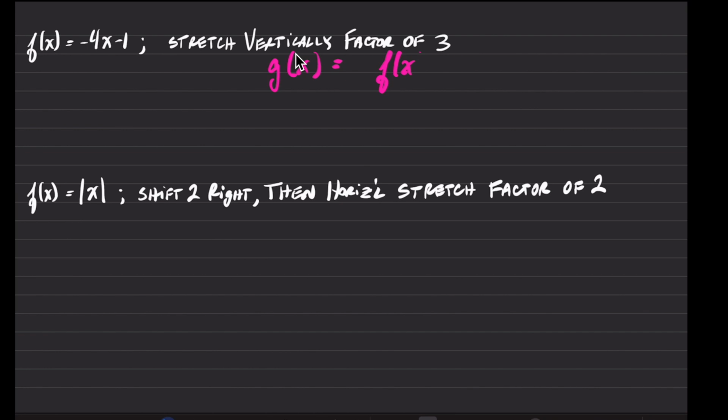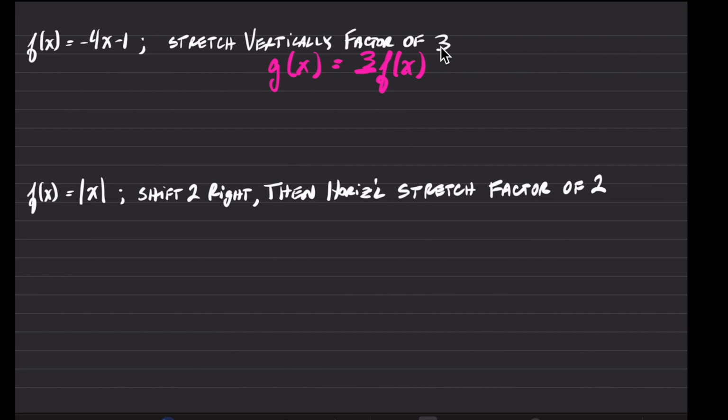We know we're going to be outside. The fact that we're stretching means we're going to be multiplying. Stretch or compress, stretch or shrink are all multiplying. So we're going to be putting something right here. Because this is vertical, our factor of guy stays exactly as is.